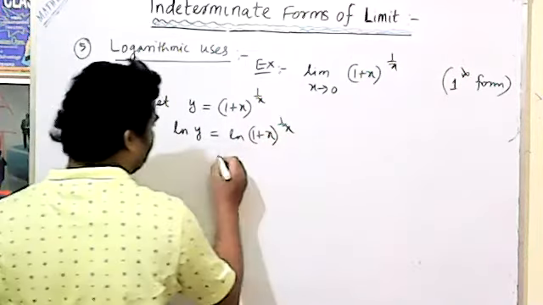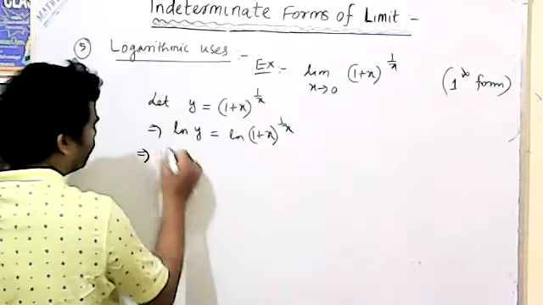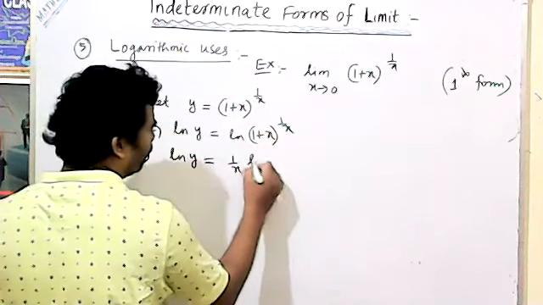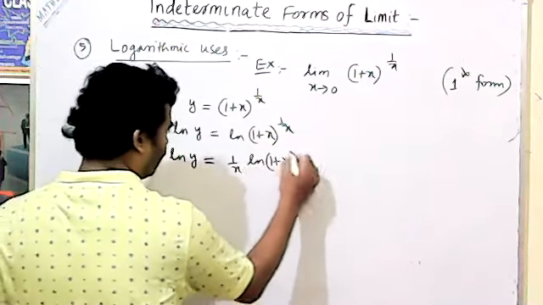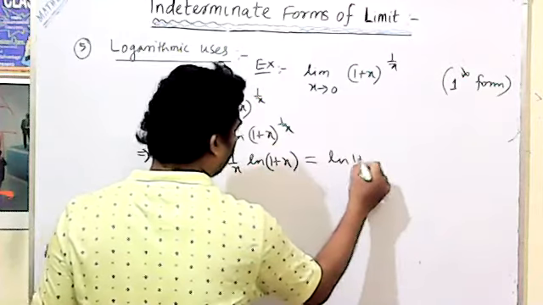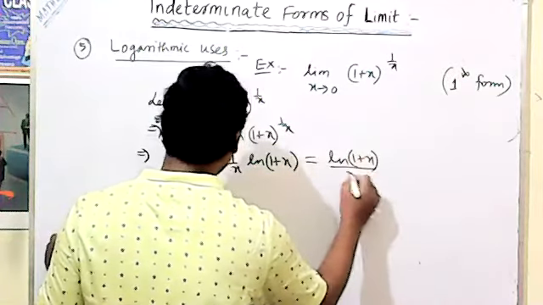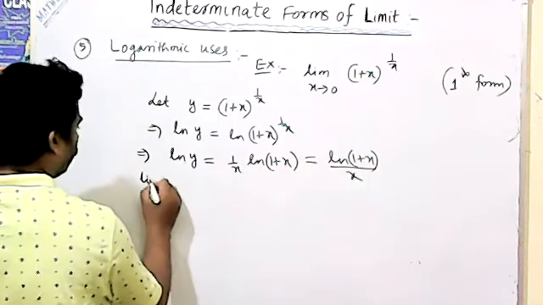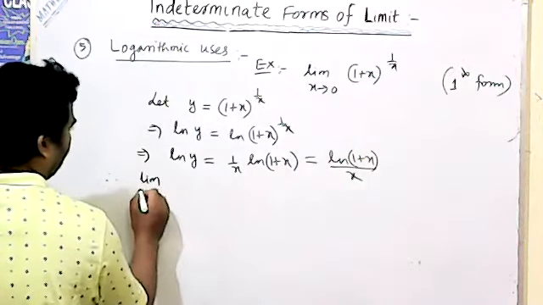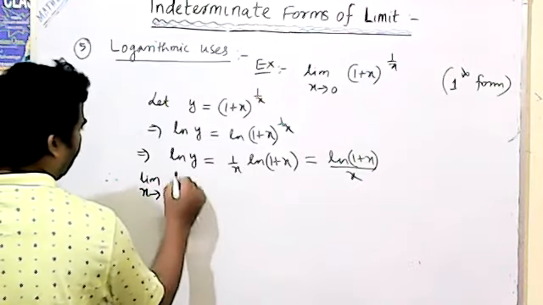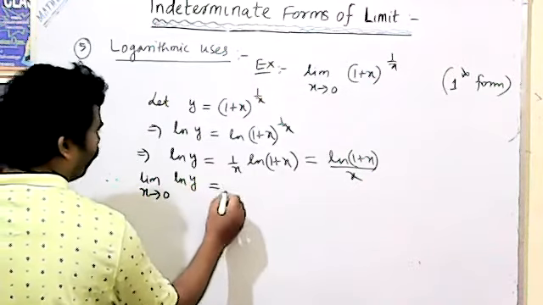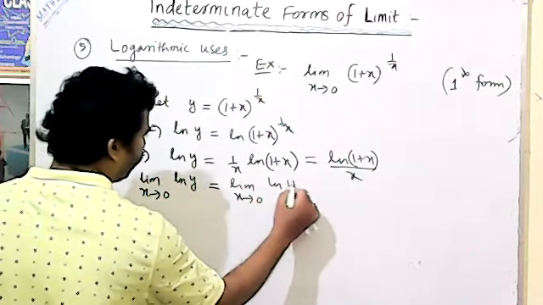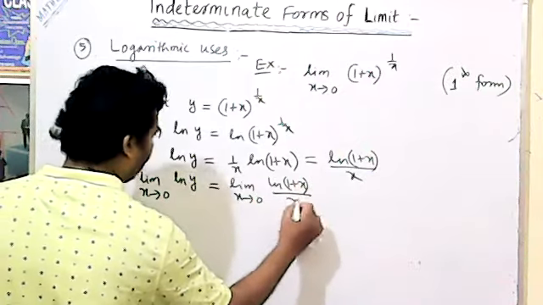That means you can write ln y is 1 by x, ln 1 plus x, that means ln 1 plus x divided by x. Now taking limit on both sides, limit x tends to 0, ln y is equal to limit x tends to 0, ln 1 plus x divided by x.